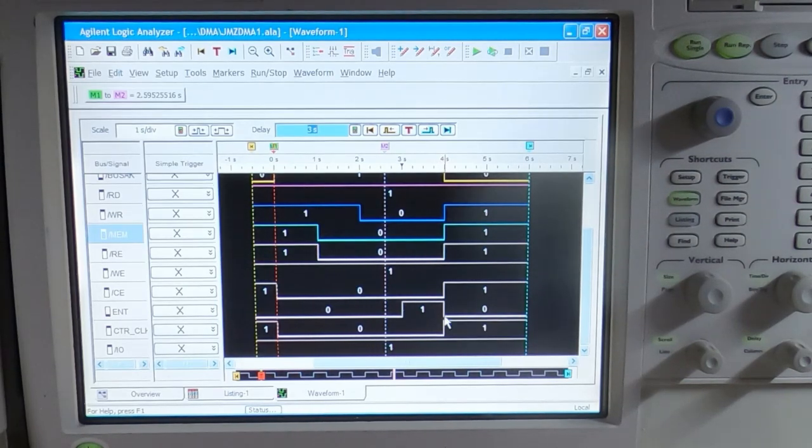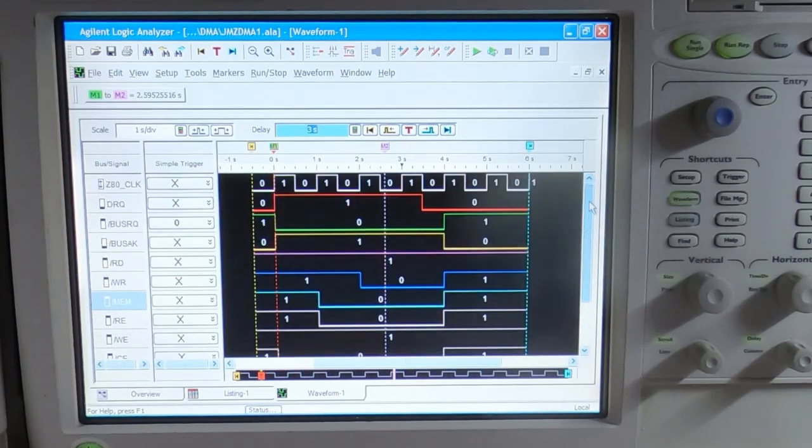So for the next DMA cycle we'll be pointing at the next memory location. So all the signals seem to work. What I'll do is move the direction jumper on the DMA circuit, and we'll go through another cycle and see if it's switched to write mode.